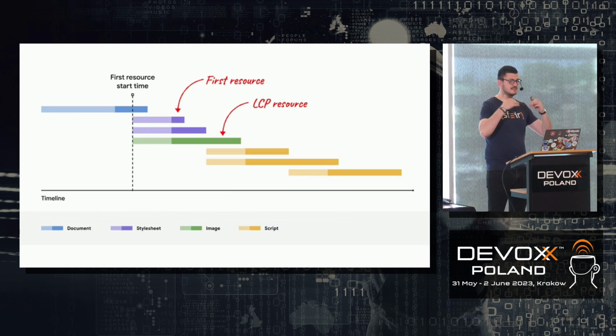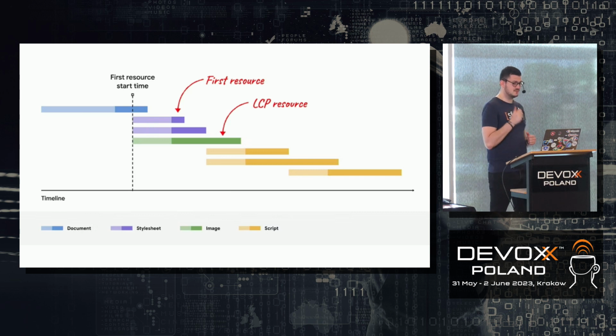Okay? So thanks to preloading, now when the browser discovers the dependencies of the initial HTML document, immediately it downloads the dependencies. So here it downloads the style sheet and it downloads the LCP resource. And that's why style sheets and the LCP resource are downloaded in parallel. Okay?